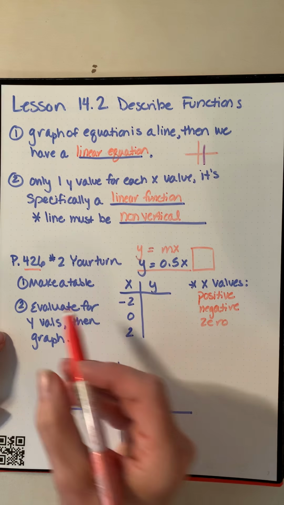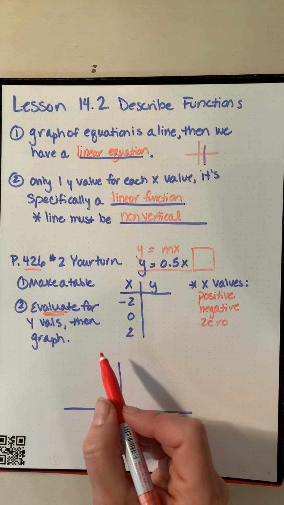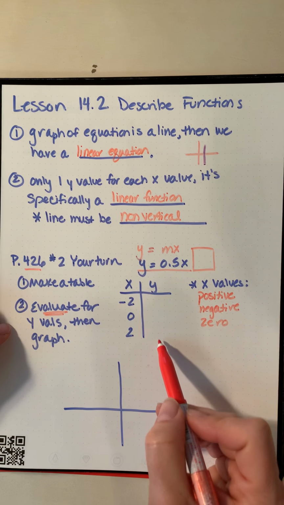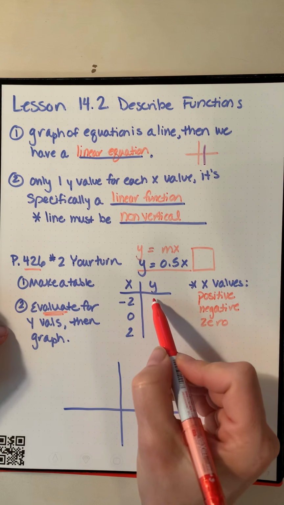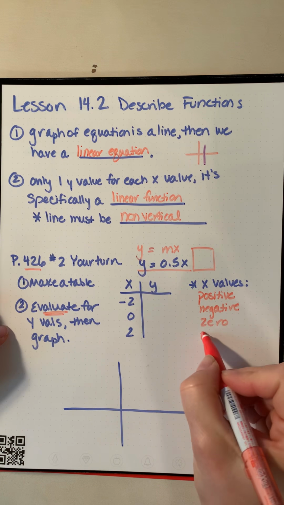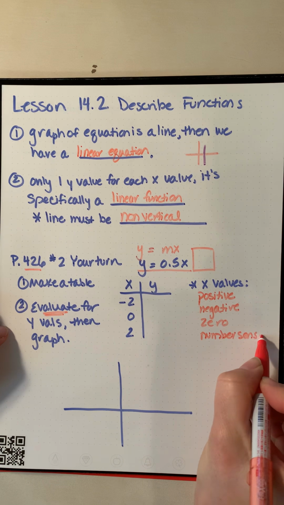Once you have your x values, then you're literally just going to evaluate. There's a couple of these on your homework where it'll give you an equation and say to evaluate for the y values. So you're literally taking these x values, plugging them in, and producing y. Now the other hint on the x values is use some number sense, okay? What do I mean by this?